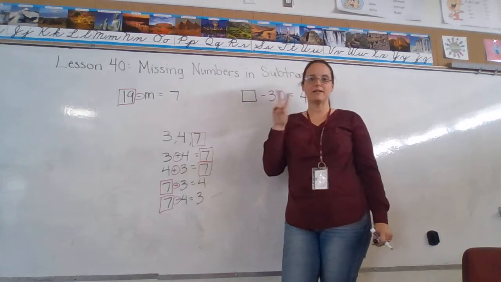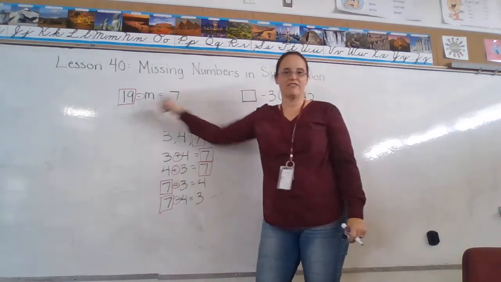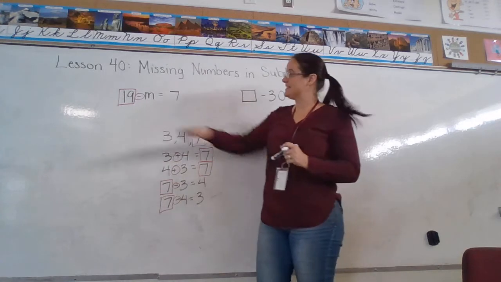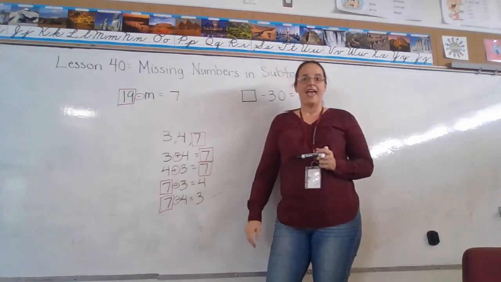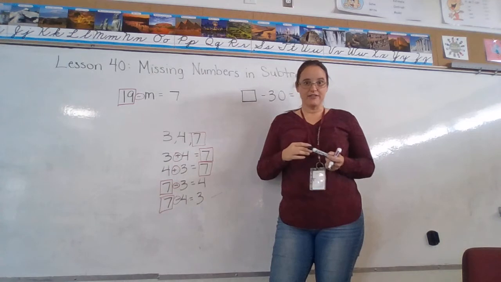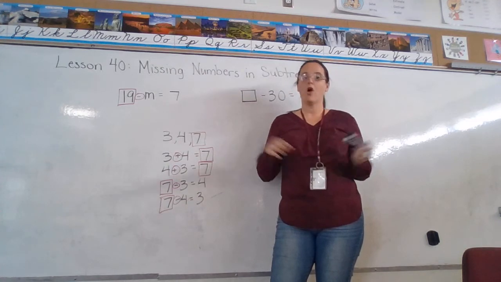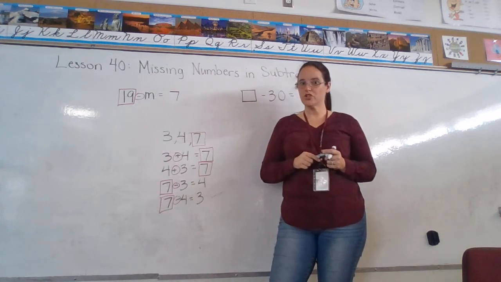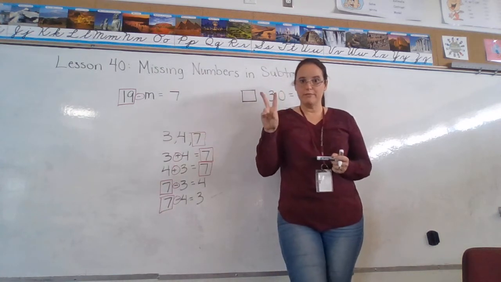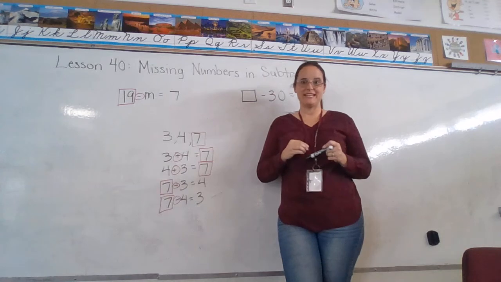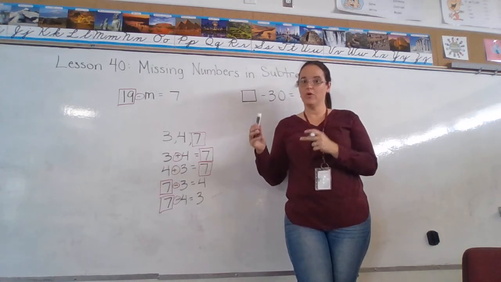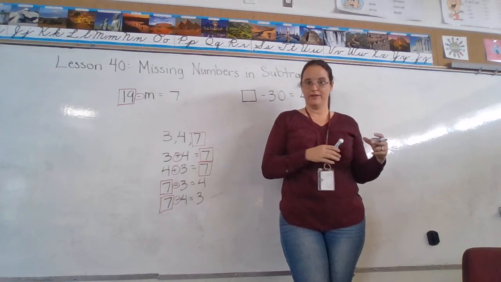There are 2 possible ways to solve this type of problem. We take the numbers we know. In this case, it's 19 and 7. And we can either add them together to get the answer, or we can subtract them to get the answer. So if I take 2 numbers and I add them together, am I going to get a bigger number or a smaller number?